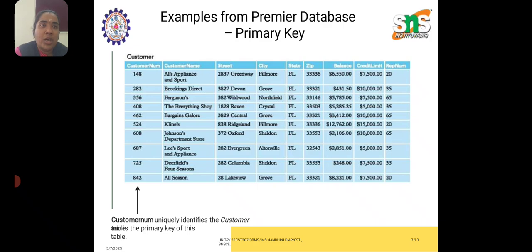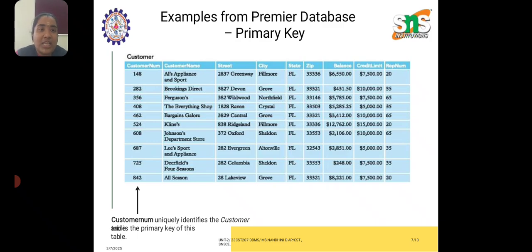Even if we go with the zip, it will cause some confusion. But if we go with the customer ID, all the 10 customer IDs are different from each other. So the customer number uniquely identifies the customer, and is the primary key of the table.